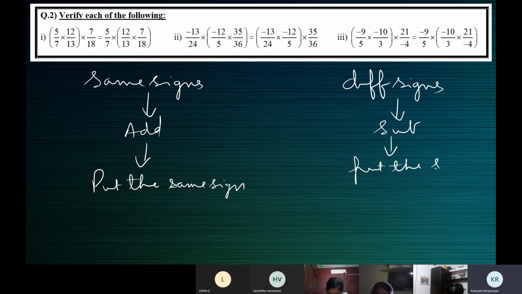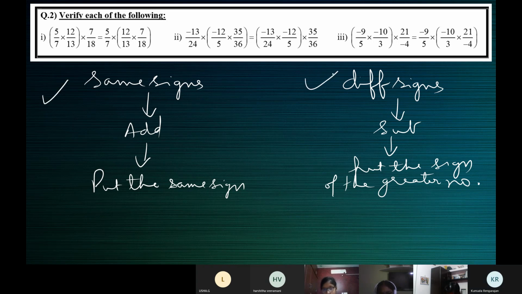Somebody had not written this. Only this I saw in your book. One of you had written only this one and did not write this. Different signs, subtract and put the sign of the greater number.